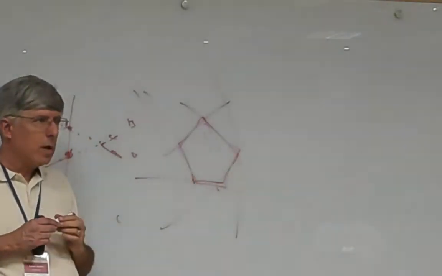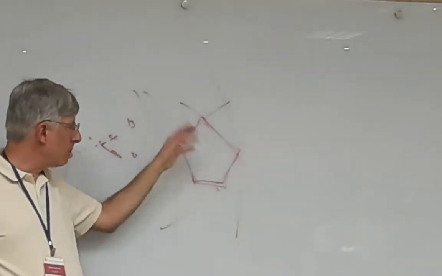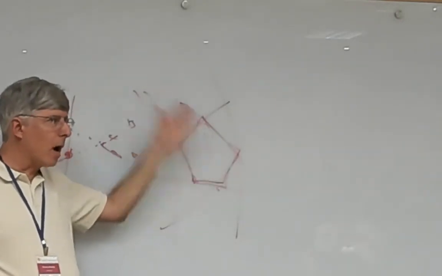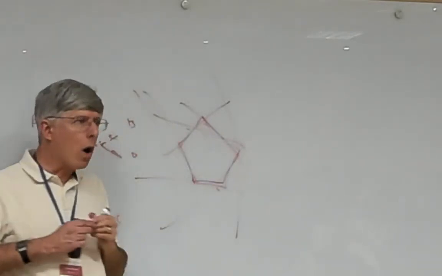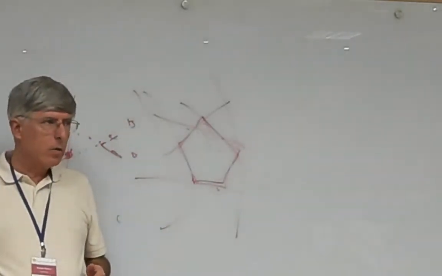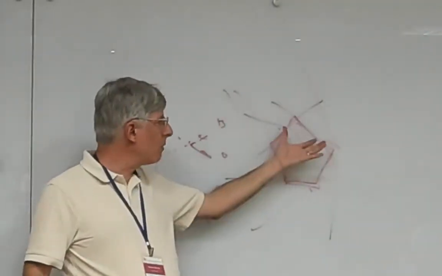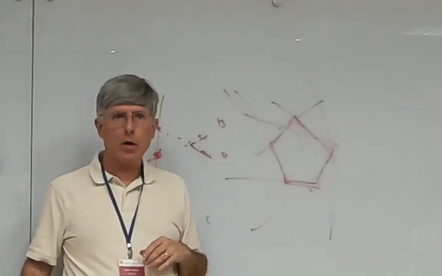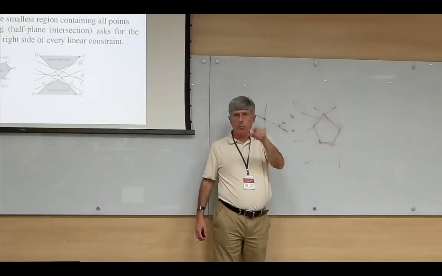You could have built that in, maybe, incrementally, by taking a polygon, adding another plane and cutting it off. Or if you understood duality deeply enough, you could find the convex hull of the duals of these lines. And that will tell you about what that region is that's being intersected.